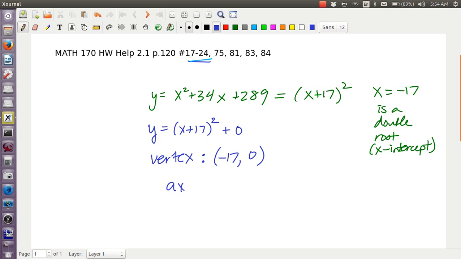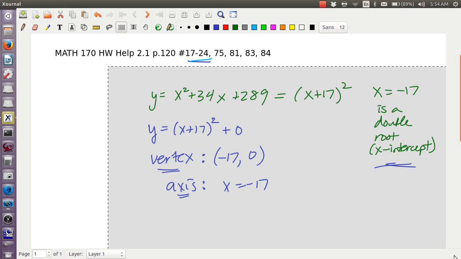And the axis is x equals -17. So we've got our roots and our vertex and our axis. And that shows you that sometimes a problem that looks really scary is actually really easy. I'm staring at the book, and there's at least one exercise that works out that easily in your homework also. So those are good examples.